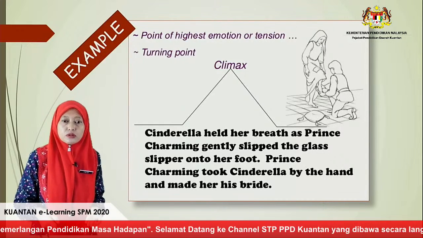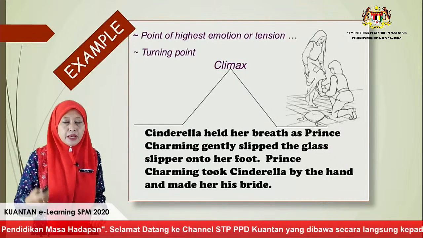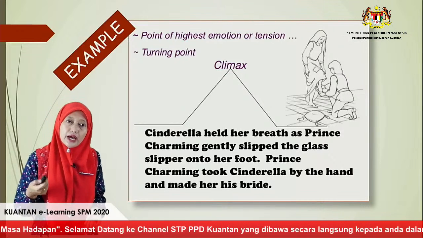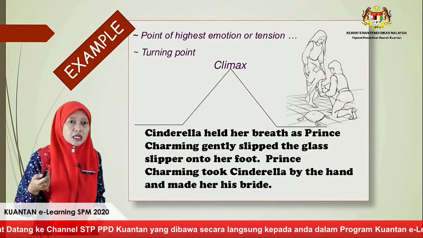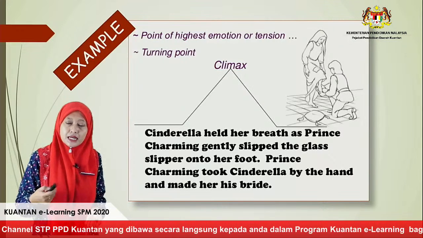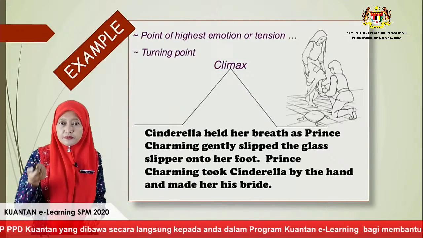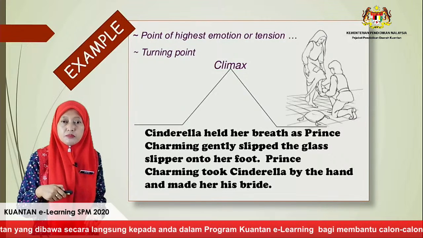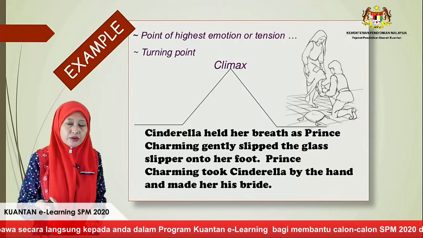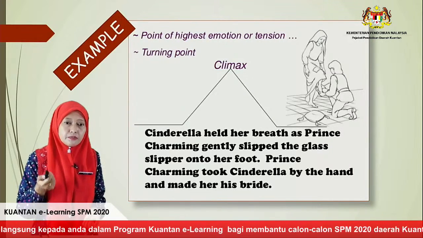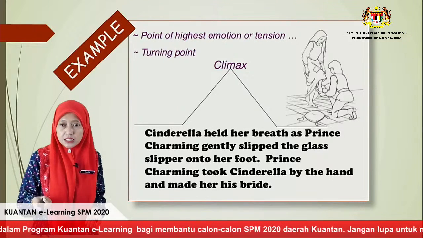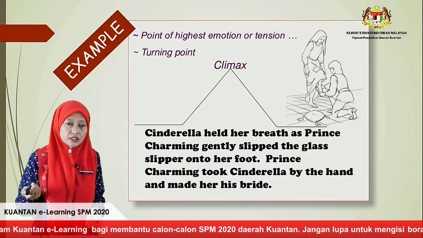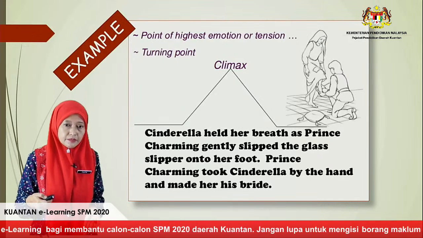Prince Charming took Cinderella by the hand and made her his bride. So actually this is the point of highest emotion or tension, the turning point. Why did I say that? Because this is the moment of truth, whether the Prince Charming had met his lost princess, right?